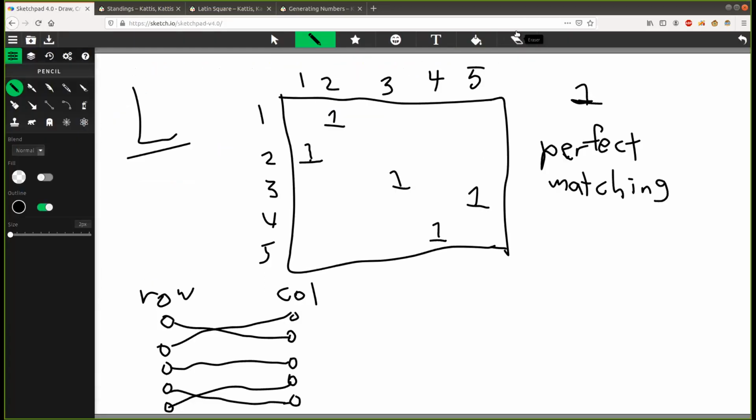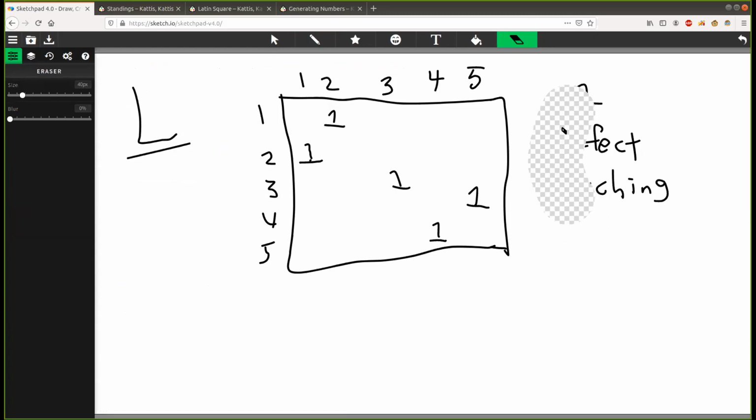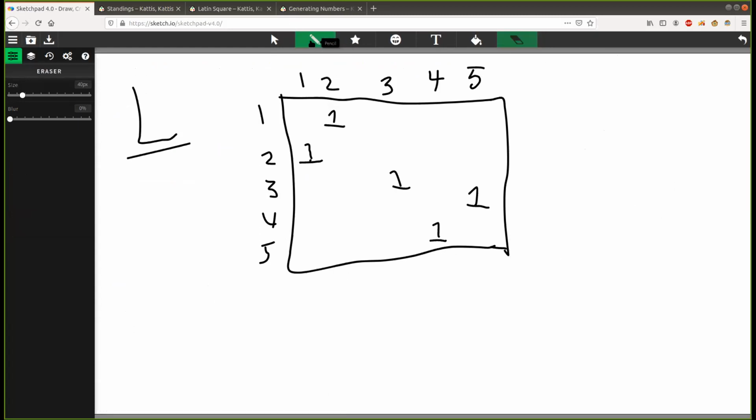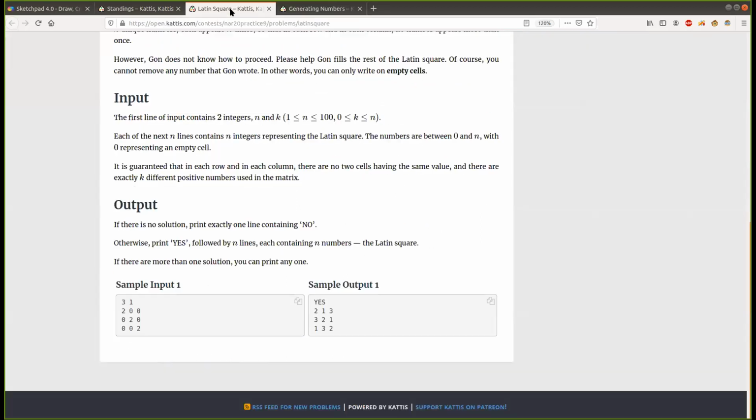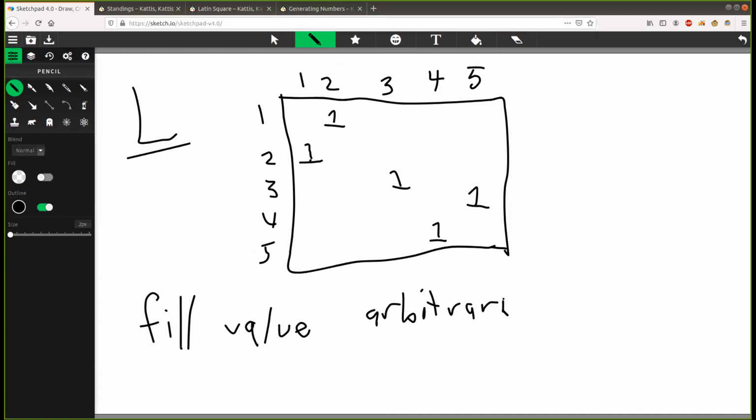So it turns out that if we just wanted to fill in one more value, like we just want to know if we can fill in all the ones, then we can actually do it arbitrarily, by just computing one maximal matching.